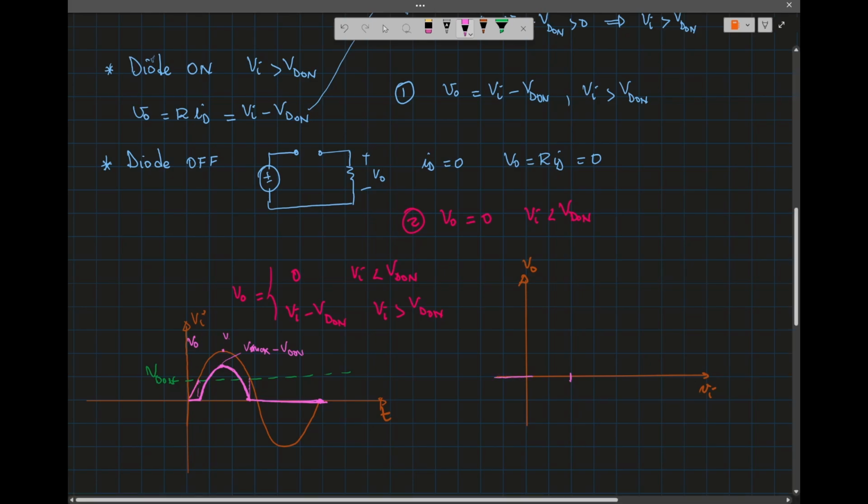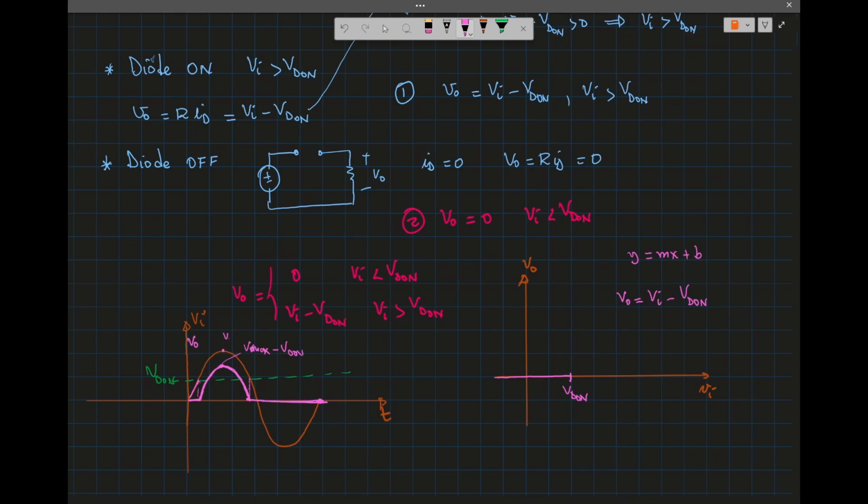I'll put a 0 up to VD on, and then when it reaches VD on, V out is equal to VI minus VD on. So it's like Y equal to MX plus B. So the B is minus VD on, and the M is equal to 1.